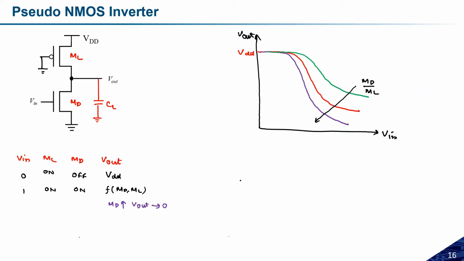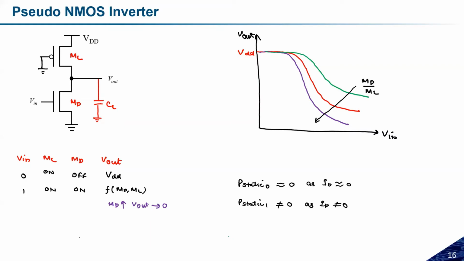Okay, so P static for 0 is approximately 0 as ID will be 0, but P static for 1 will not be 0 as ID is non-zero. This ID depends on the size of ML and MD.